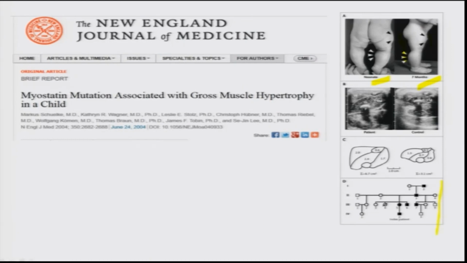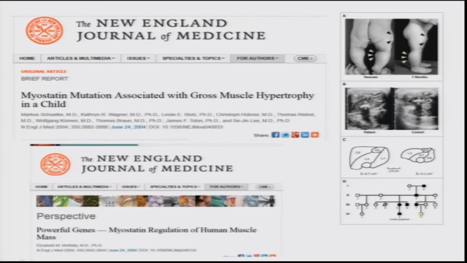You can see that it is a dominant disorder that from father it goes on and so on, and of course these are conditions which really make an individual powerful. So that's what there is even editorial commentary in the journal which talks about what is called the powerful genes, right.